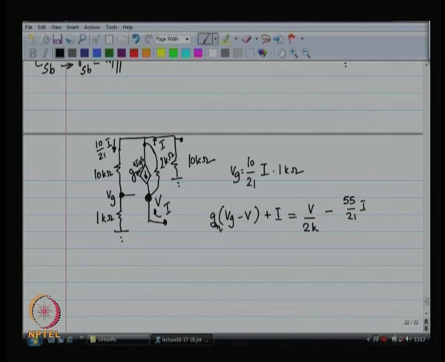Vg really is something which is proportional to I. So, Gm times 1K, GM is really 10 millisiemens times 1 kilo ohms times 10 by 21 I. So 10 millisiemens times 1K is a factor of 10. So I've got 100 by 21 I minus GM times V.